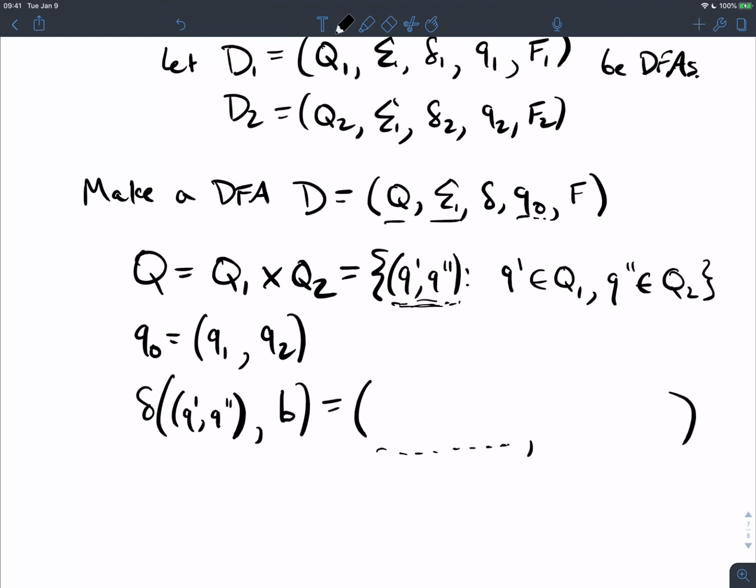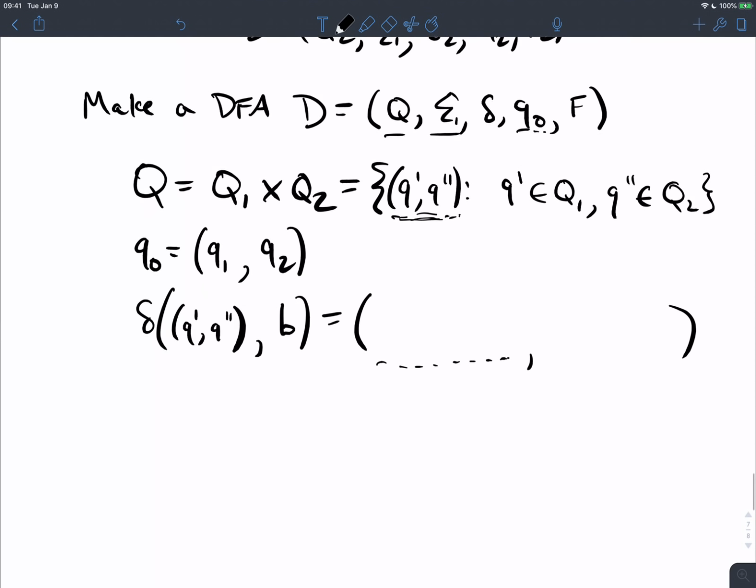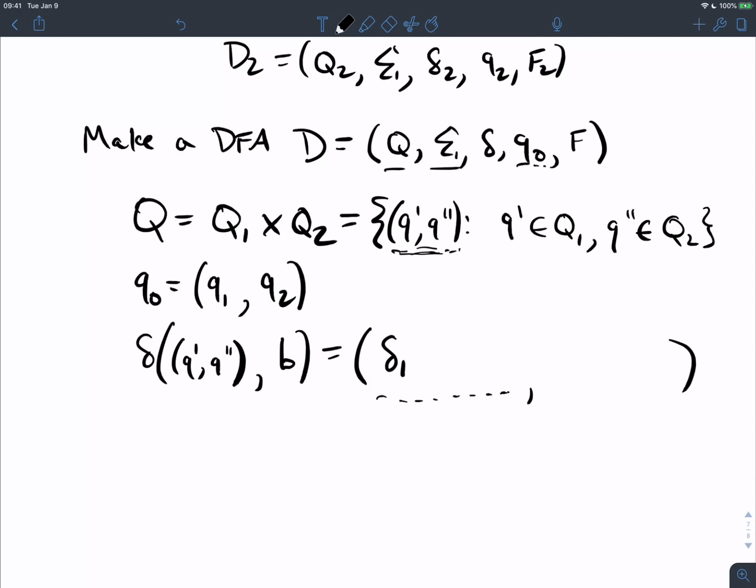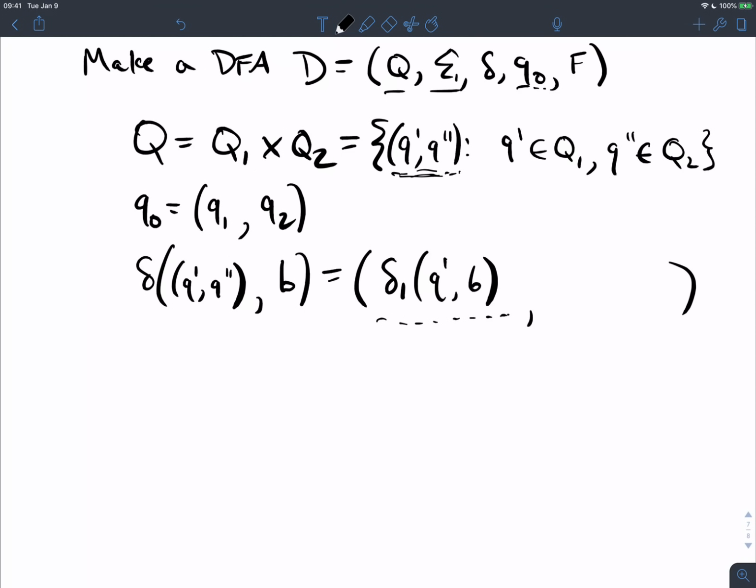Look at the transition function of the first machine. What's the transition function of the first machine called? Delta 1. Awesome. So delta 1 of Q prime with B. I just asked the machine D1, hey, I'm in this state, I see this, where do I go next? And that's what I put as the first coordinate. What do you think the second coordinate is going to be? Delta 2, Q double prime with B. Awesome.